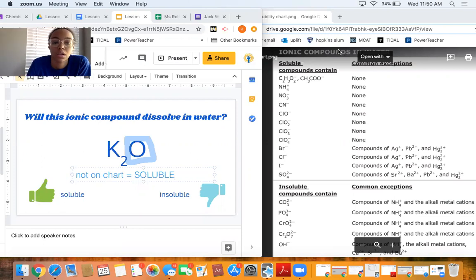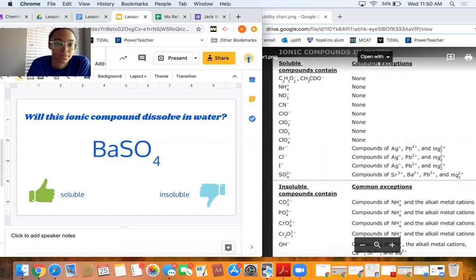So let's keep on keeping on. BaSO4. One thing I want to point out that someone had a question about earlier is that when we are looking on the chart, what we're looking for again is our non-metal, which is this whole thing, SO4.